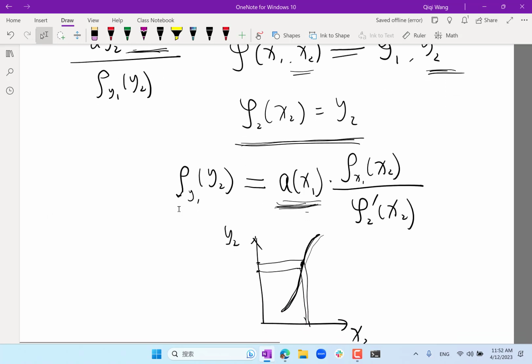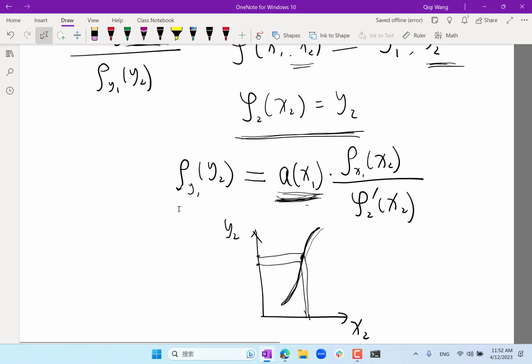So we don't really care about this multiplier because it doesn't depend on x2 or y2 here. So the density here is what fraction of the ensemble lies within a fixed fraction in y2, which is equal to the fraction of the ensemble that lies within the unit of x2, divided by the slope.